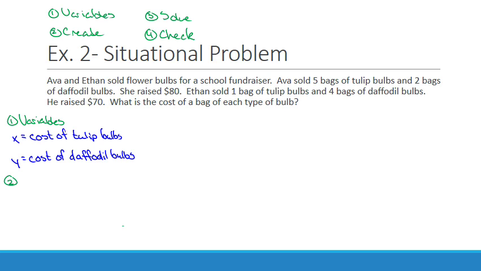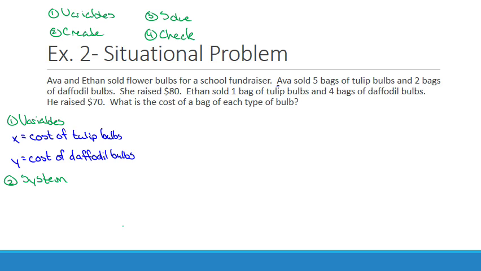Second step, we want to create that system. So I think I've mentioned it in my previous videos. Often there is no real pattern, but sometimes there's one easier equation, then one more detailed. Other times one sentence describes one equation and another sentence describes another. Those are the ones that are a little bit easier, and that is how this one is.